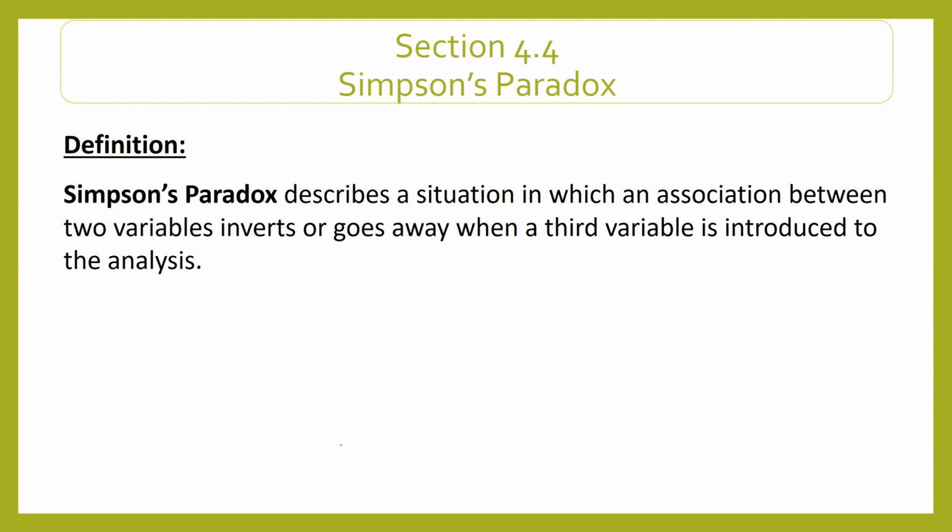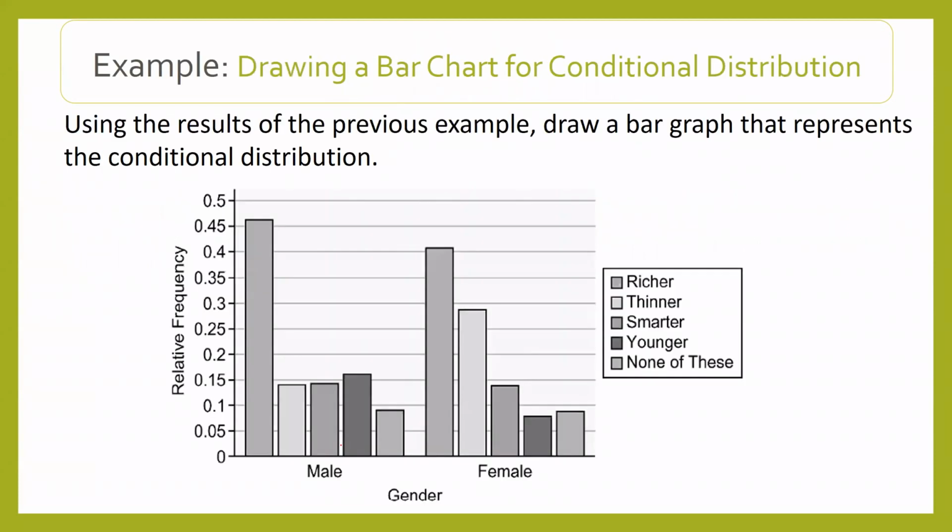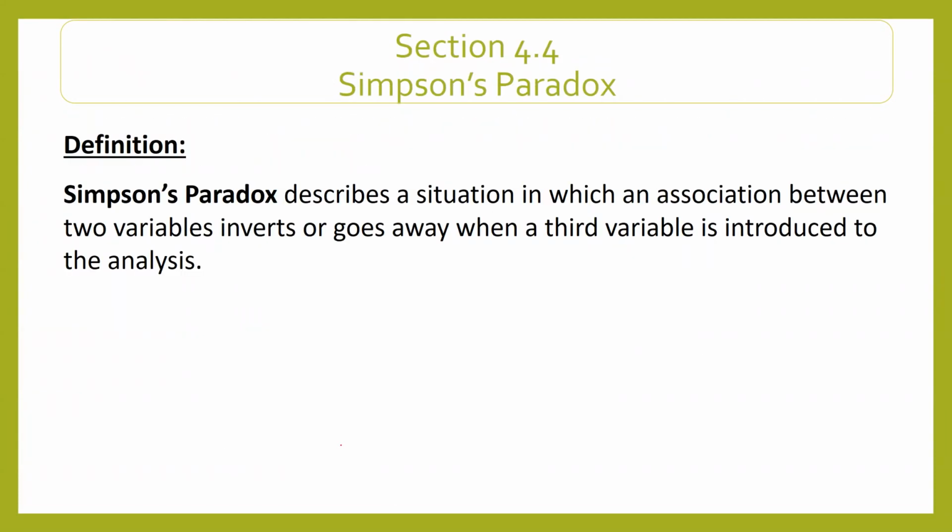If, for example, we are considering smarter and thinner, and suddenly we say we want to talk about something like younger or richer. By the time we introduce the third variable, we discover that the association is no longer what it used to be. In that case, we say we have Simpson's paradox.